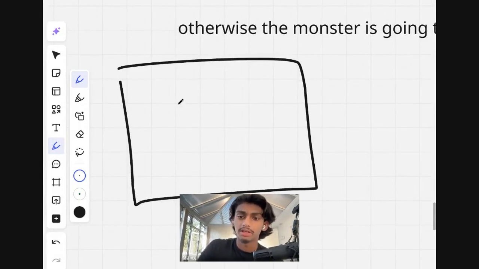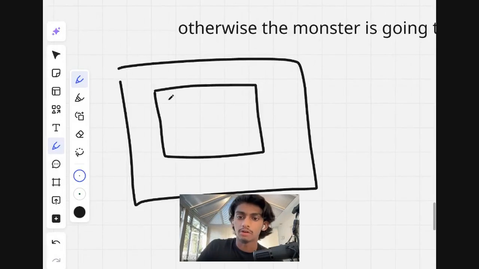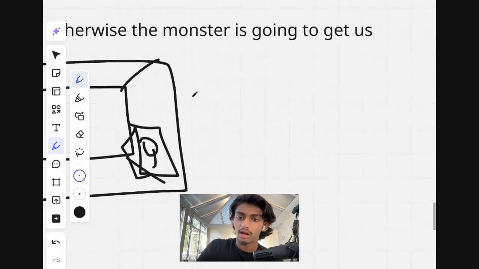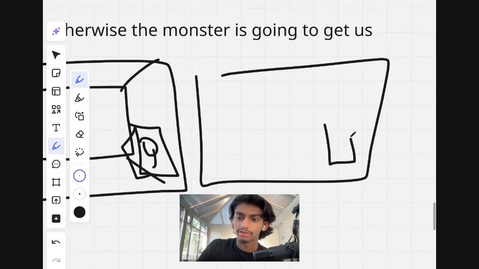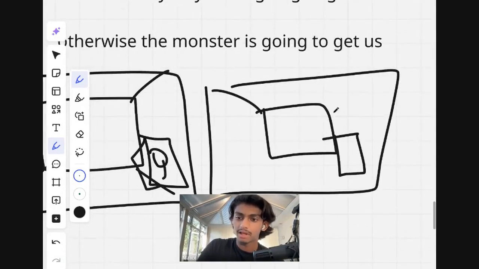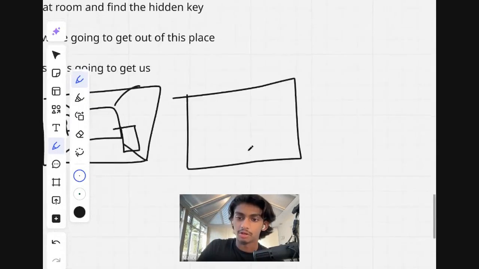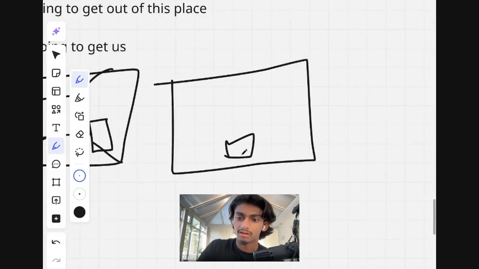Maybe it's a wide shot of the room like this, and there's a cabinet which opens up, and the key comes here, but then after that, the cabinet closes, and then suddenly, for some reason, it shows up behind the painting. So that arrow shows that it's opening up, and then it shows the key. And then there's a third one which shows it under the carpet. Basically just to show that we don't know where it is.